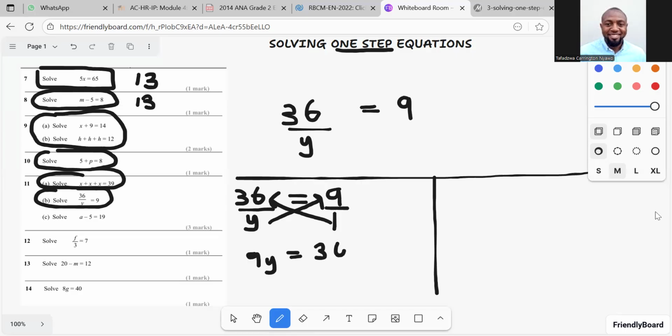Amazing, isn't it? Then what do I do next? Divide here by 9, divide there by 9. So this 9 and this 9 cancel out, and y is going to be equal to 4.